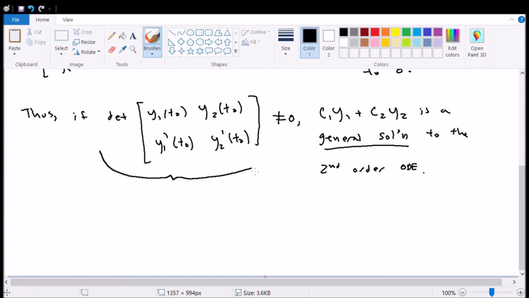So this determinant of that 2 by 2 matrix, that's called a Wronskian. So the Wronskian is a function of the initial time.